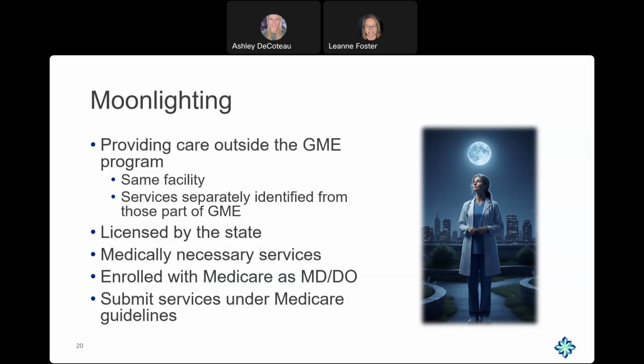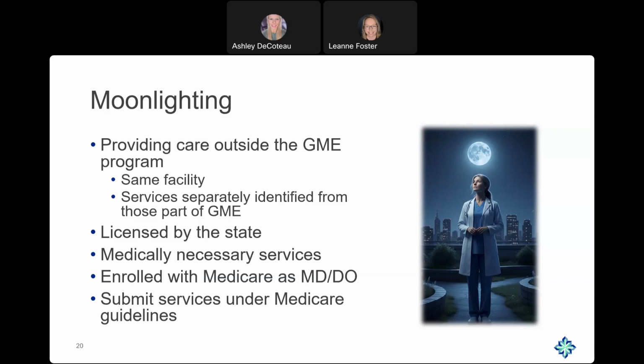If the services are outside of the GME program, the resident would need to be fully licensed by the state and enrolled with Medicare as an MD or a DO. They would then be able to submit medically necessary services to Medicare, following all normal Medicare rules and regulations.